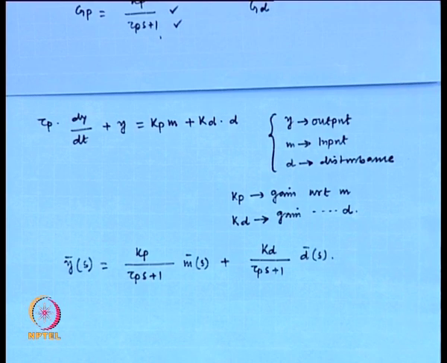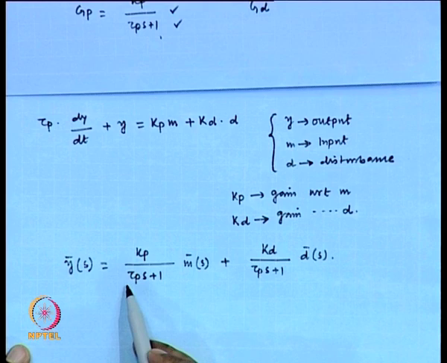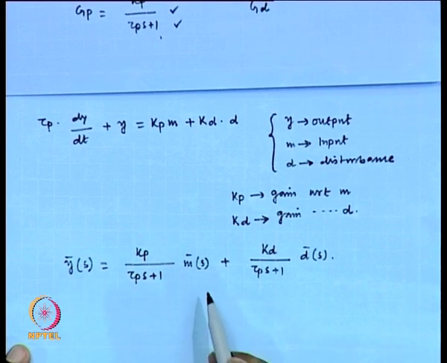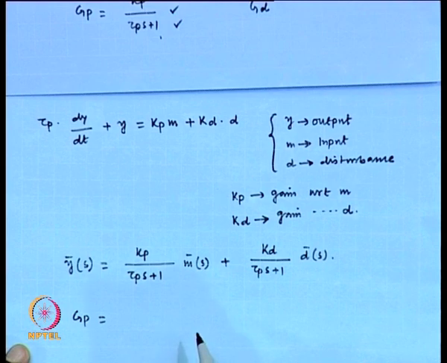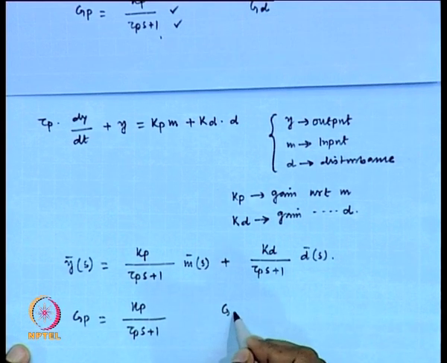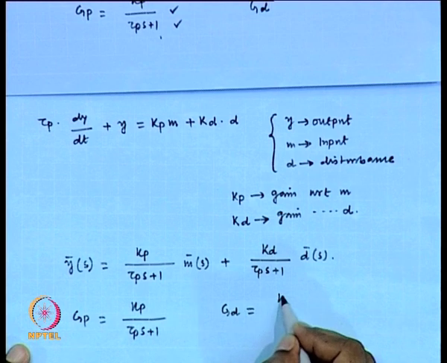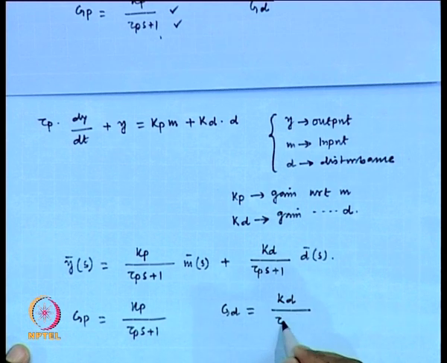So, Gp is equal to Kp divided by tau p s plus 1 and Gd is equal to Kd divided by tau p s plus 1.